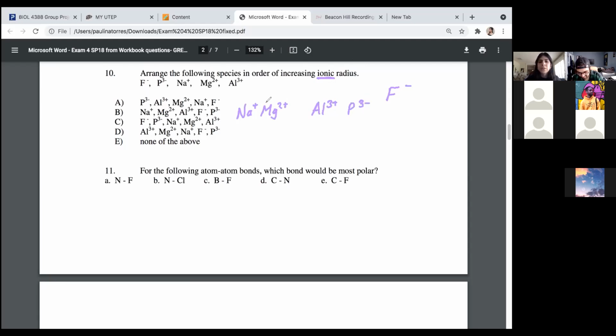So you guys should know the trend by now. So what are we thinking? So we want increasing. So which one would be the smallest? Aluminum 3 plus. Okay, perfect. Why? Because it has the greatest amount of protons.